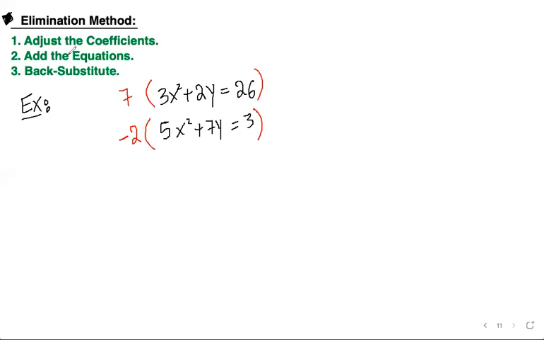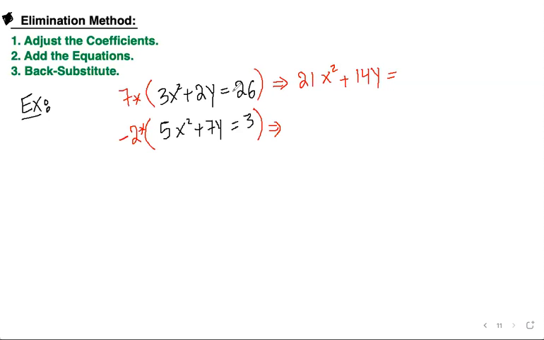Because for the second step, adding the two equations, I will eliminate the y. So multiply all of this equation by 7, and multiply all of this equation by -2. What do I get here? 7 times 3 is 21x squared. 7 times 2 is 14y. 7 times 26, what is 7 times 26?